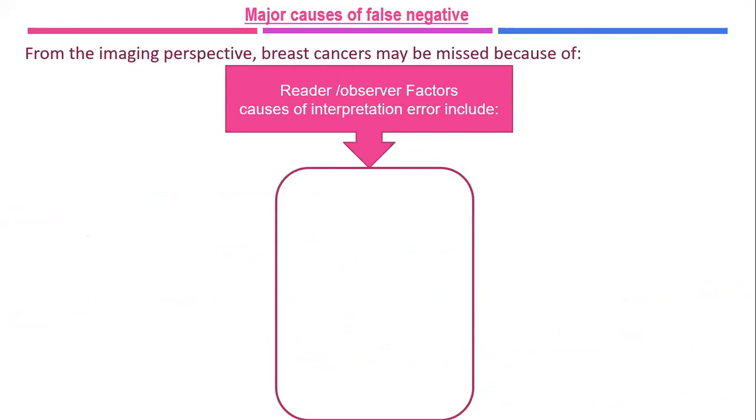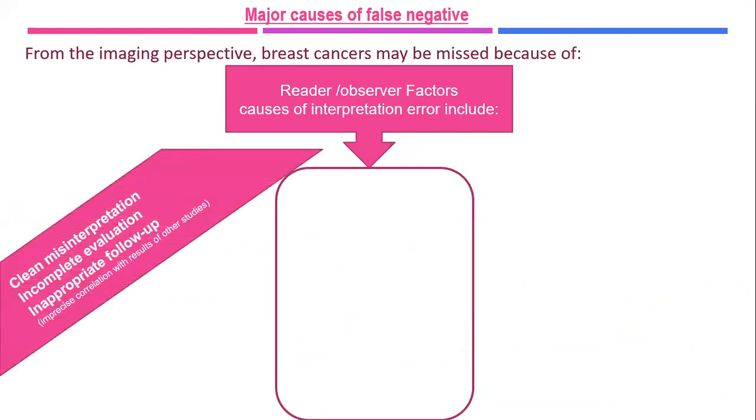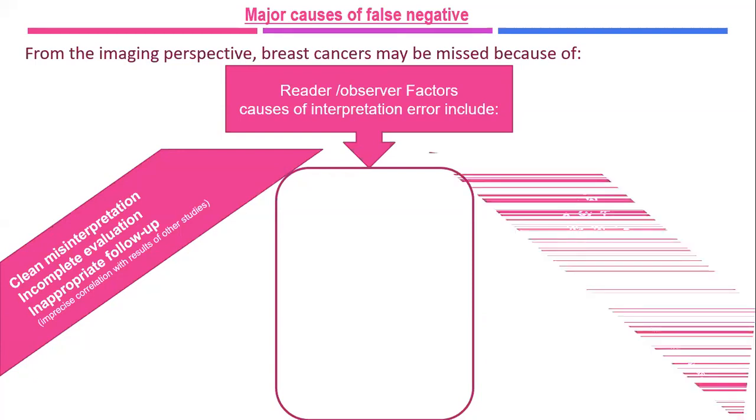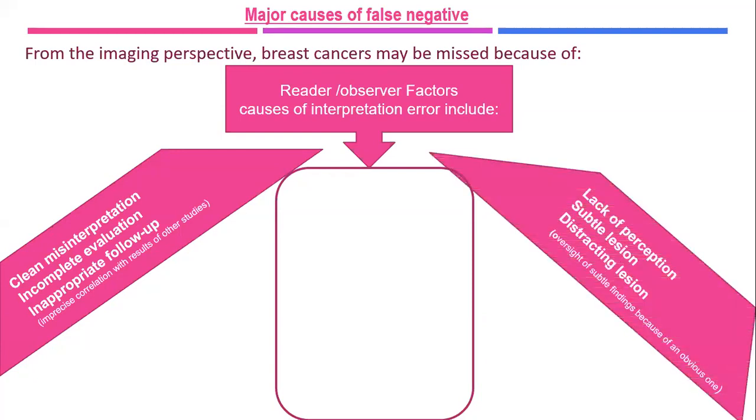Regarding reader or observer factors causing interpretation error, it is either misinterpretation, incomplete evaluation, or inappropriate follow-up due to imprecise correlation with results of other studies, or lack of perception due to subtle lesions or distracting lesions, when you have seen a large benign abnormality that is very obvious, distracting you from visualizing the subtle suspicious findings.